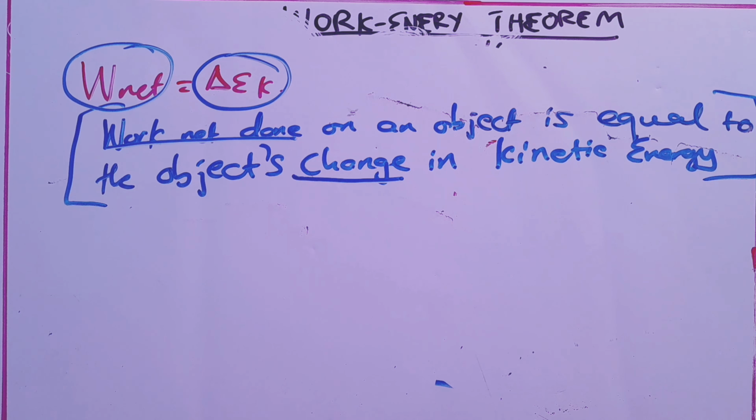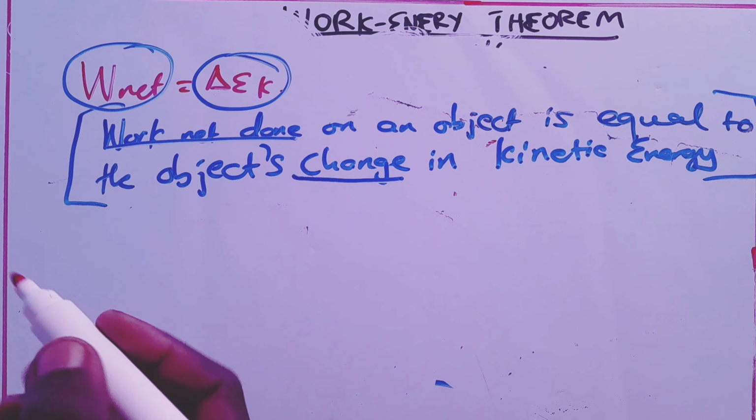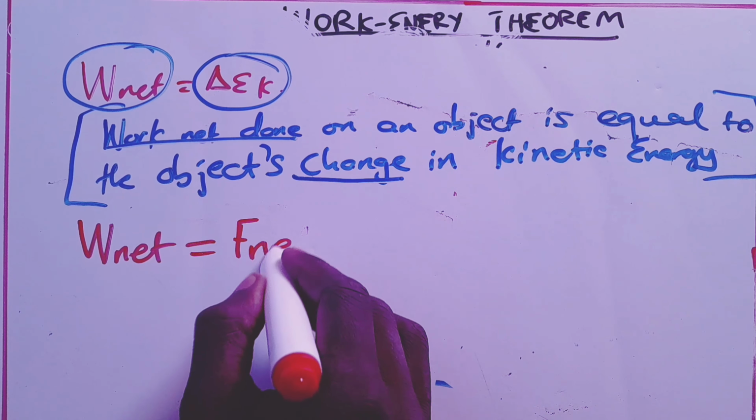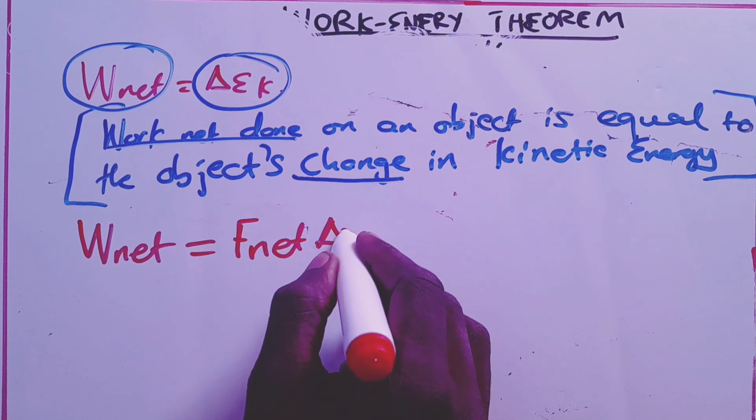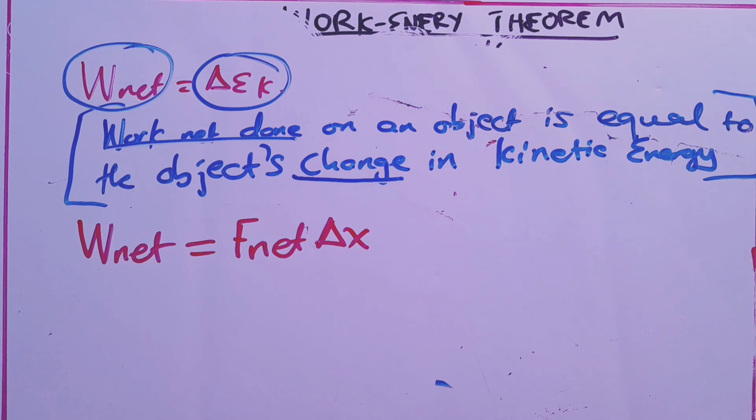So let's try to expand this formula and make it simple to use, right? So what is work net? Work net, we know that it is equal to F net times change in x. What is it equal to? It is equal to the change in Ek.